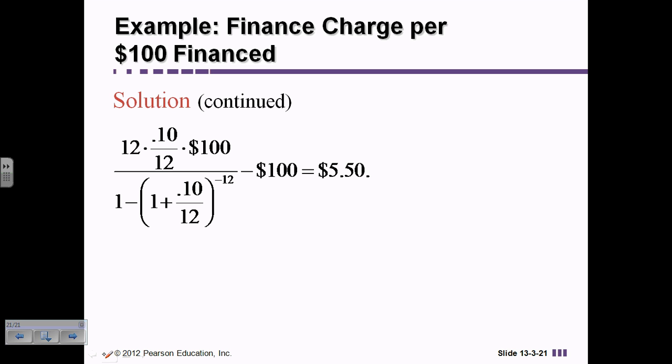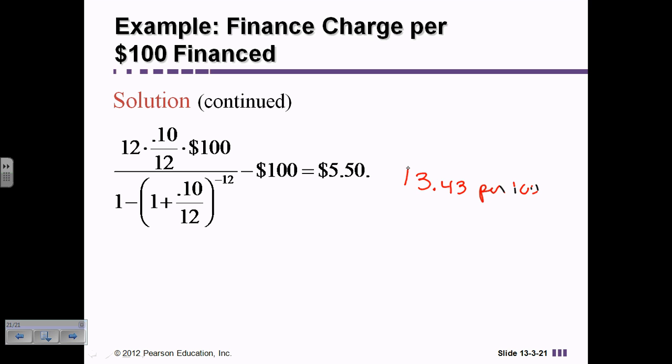If you look in the chart for 30 months at 10%, it was supposed to be 13.43 per $100, and so you ended up cutting the finance charge you pay almost in half, a little bit more than in half, by paying the loan off early. So it's something very, very important to think about.